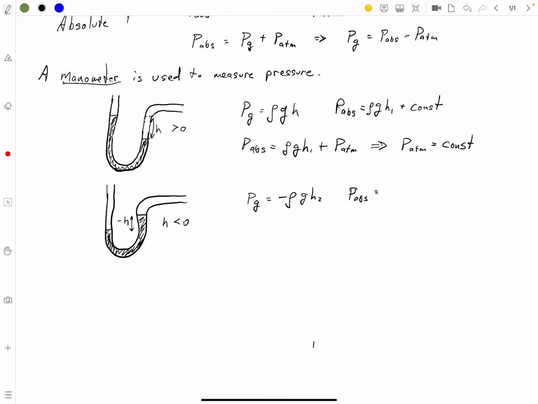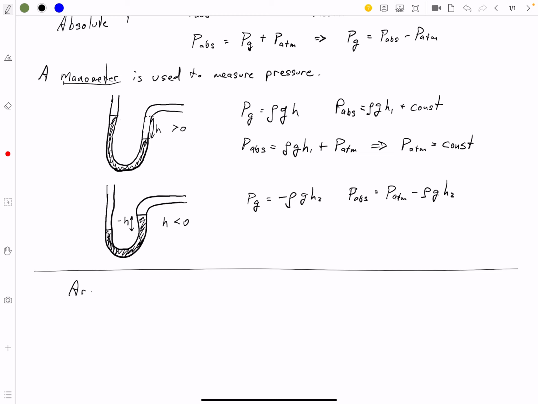So if P atmosphere is going to be positive, let's put it first. And then we're going to subtract off our P gauge, which is minus rho G H2. That's all I was trying to say in that ugly way. It wasn't a pretty way to do it. So we clean that up.